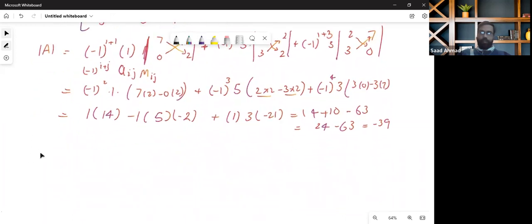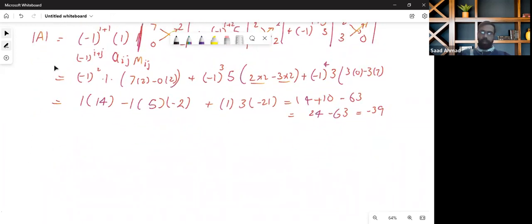And just one more thing, and there are many other things, but let's just tell one more thing and then we move on to the next. So there is the determinant, like matrices whose determinant is 0.